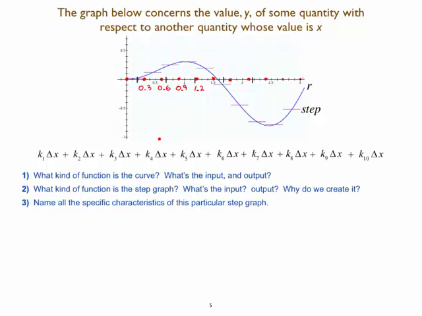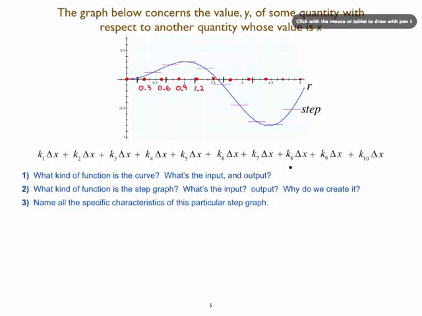What kind of function is the blue curve? She says R is a rate of change graph. So the input is? It could be time. Often it's time, or, like in the tax function, it could be taxable income. So the input is our x or independent quantity, and the important thing is what kind of value is the output of the blue curve?